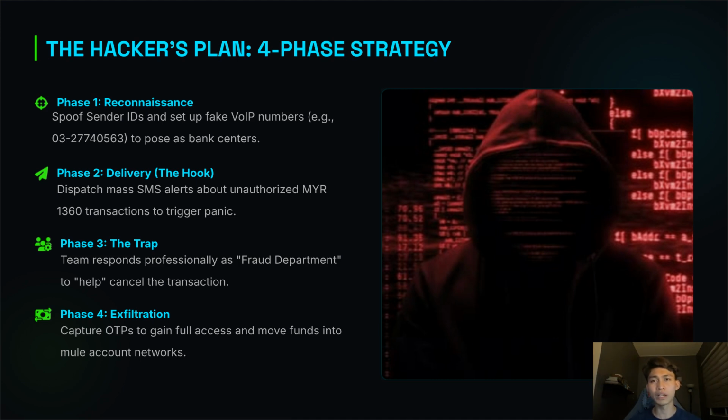When the real bank fires a legitimate one-time password, or OTP, to the victim's phone to authorize a money transfer, I trick the victim into reading it out loud to confirm the cancellation. Once they read those 6 digits, I have full clearance to drain their accounts into a pre-arranged network of anonymous mule accounts.